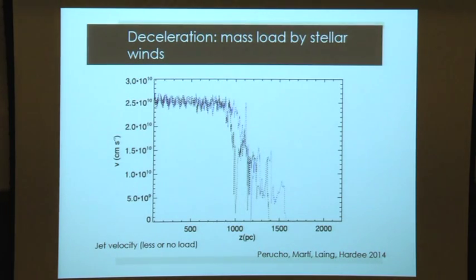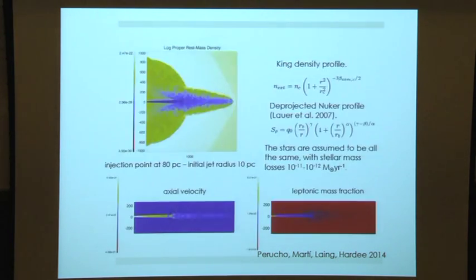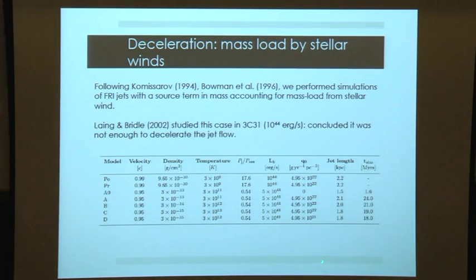These are the cuts for the jet velocity along the jet, for the cases in which the jet was slightly more powerful or had less mass load, like in this case it's 1 order of magnitude less than in the other cases, or no mass load.